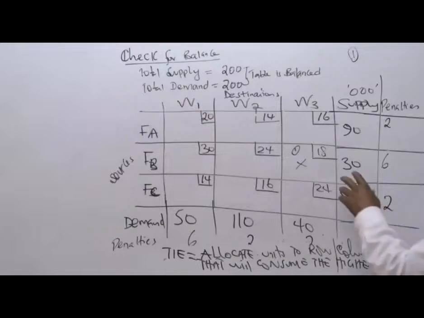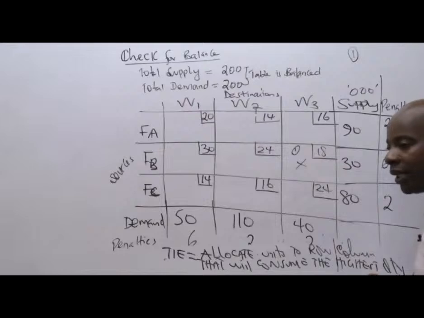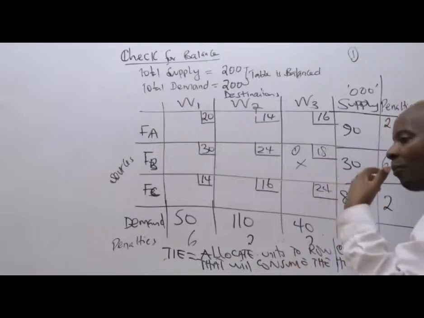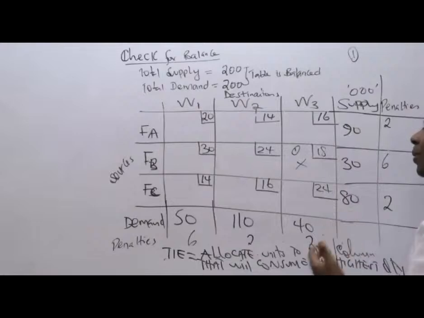When you look at this particular cell very well, there is what we call supply versus demand. You always compare the 2 and always the lower prevails. So ladies and gentlemen, listen.